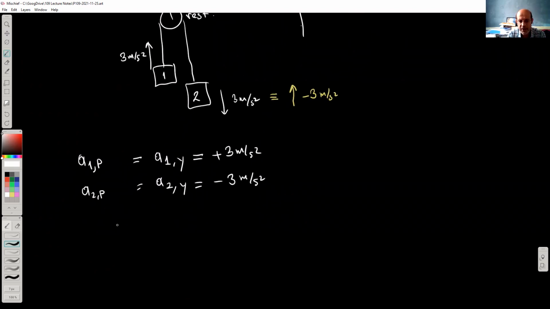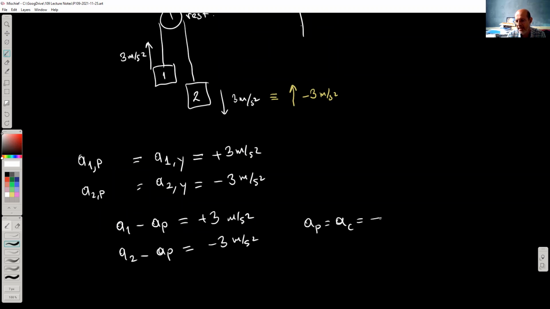So I know that therefore, A1 minus AP would be +3. A2 minus AP would be -3 meters per second squared. Here, the acceleration of the pulley is the same thing as the acceleration of the ceiling. So that's +5 meters per second squared.